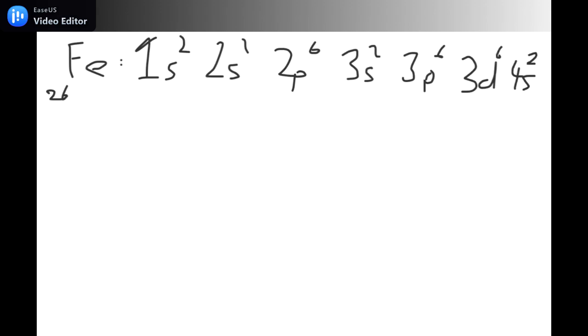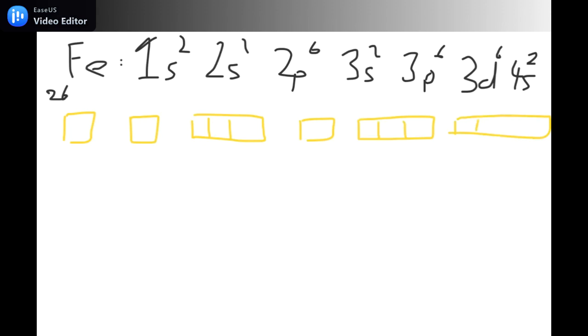Now the boxes that we'll make, first for 1s, we'll have one box. For 2s, we'll have one box. For 2p, we'll have 3 boxes joined together. For 3s, we'll have one box. For 3p, again 3 boxes. For 3d, we'll have 5 boxes. And for 4s, I'm drawing it over here, 1 box. Now filling them, first we'll fill 1s fully, then 2s.